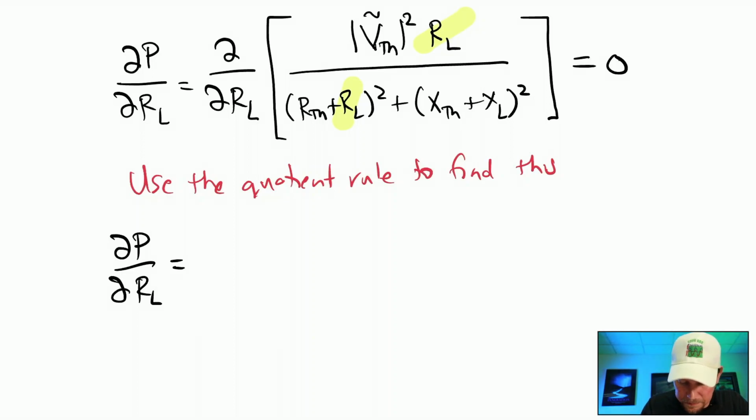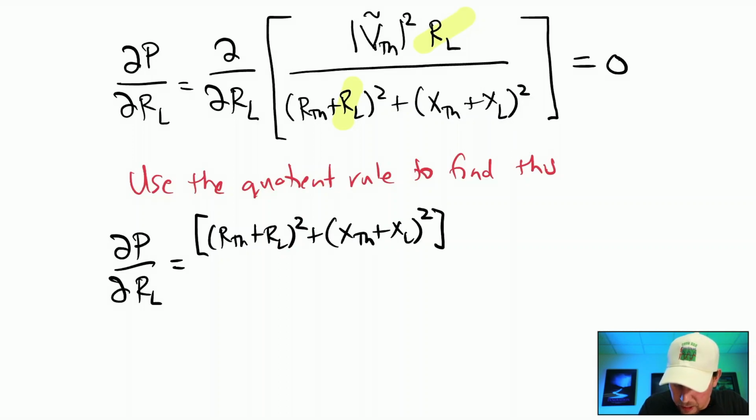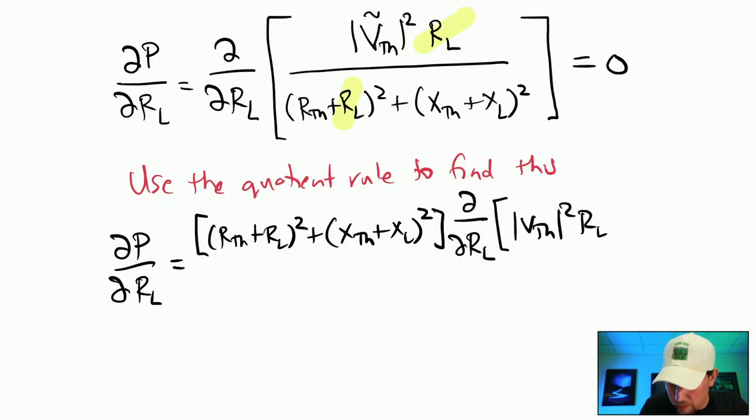So let's actually write that down. The denominator here is R Thevenin plus R load, squared, plus X Thevenin plus X load, squared. And now I'm going to take the partial derivative of the numerator with respect to R. That is that right there.